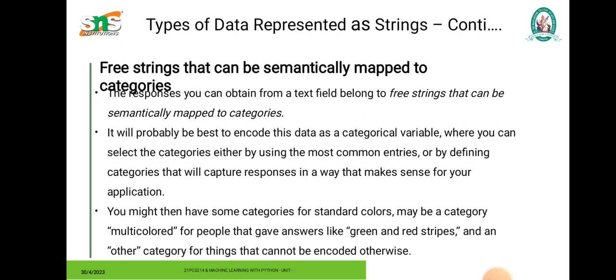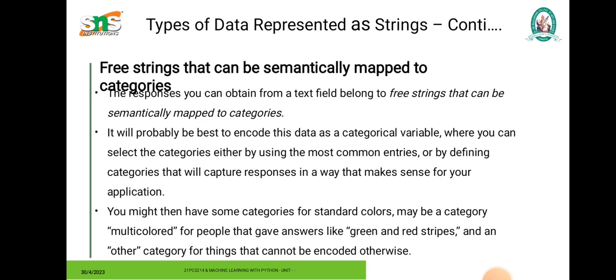When we are registering for something, sometimes we need to type the values, and sometimes we just want to select the values. The previous thing we have seen is just selecting a value, but here we need to type the values. While typing, there may be some typing mistakes. So to avoid those things, we can avoid the free strings that can be semantically mapped.